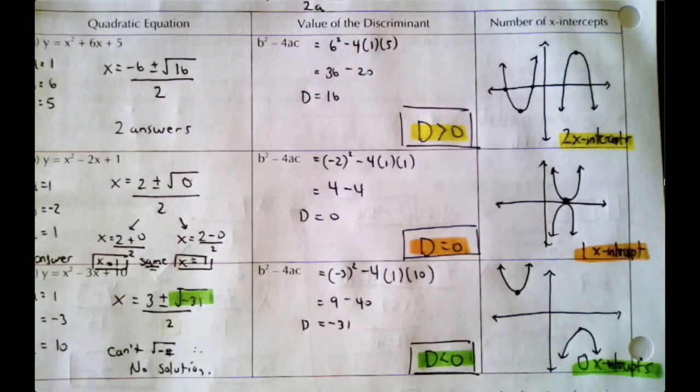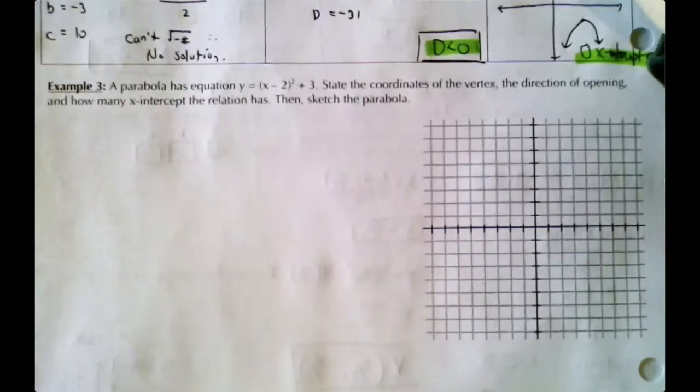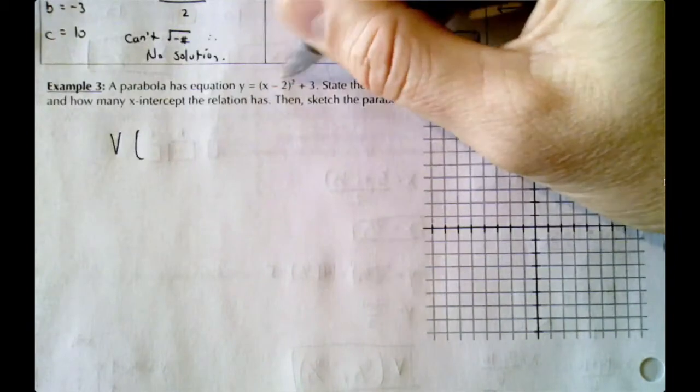Now, if your equation is not in standard form, we can reason this out. A parabola has the equation x minus 2 squared plus 3. State the coordinates of the vertex, the direction of opening, and how many x-intercepts it has, and sketch the parabola. Well, we know first the vertex is 2, 3.